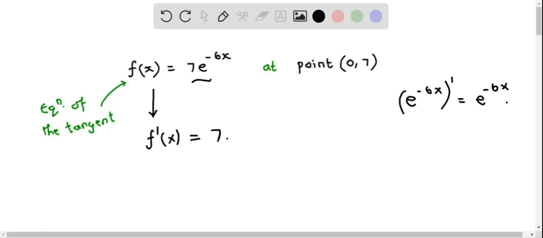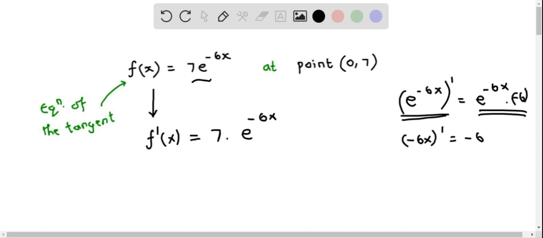And then we apply the chain rule to find the derivative of negative 6x, and this equals negative 6. So we multiply with negative 6. So therefore, the derivative of e raised to the power of negative 6x is e raised to the power of negative 6x times negative 6.